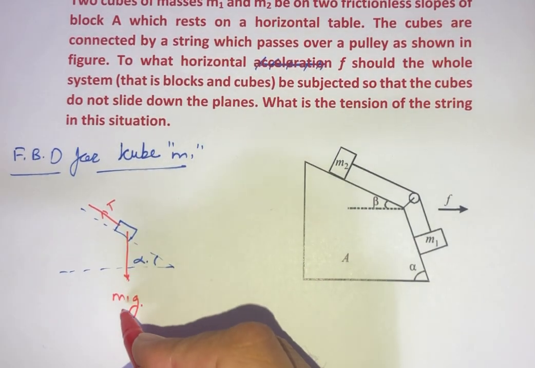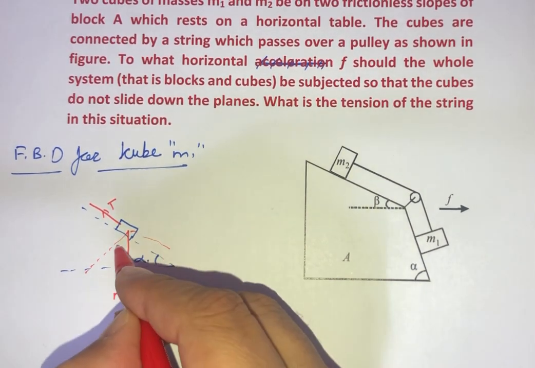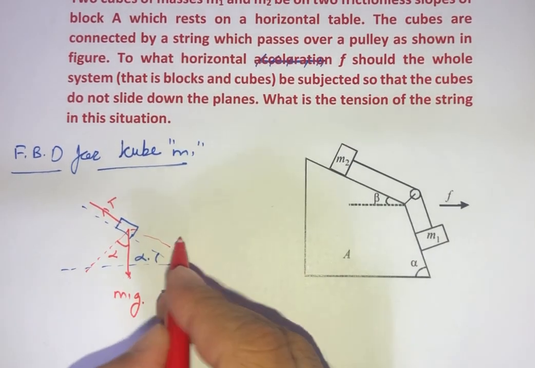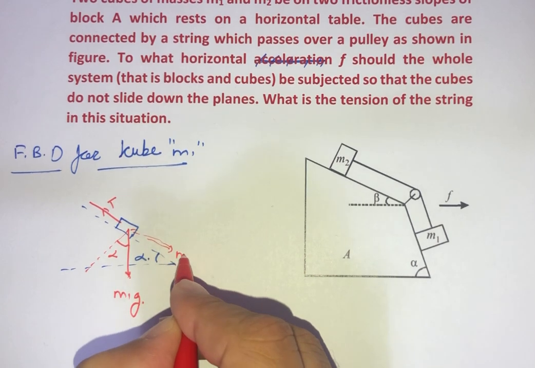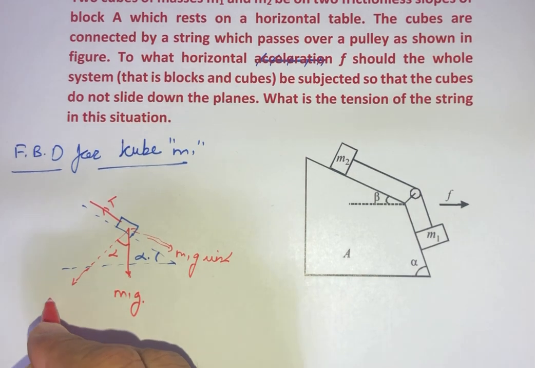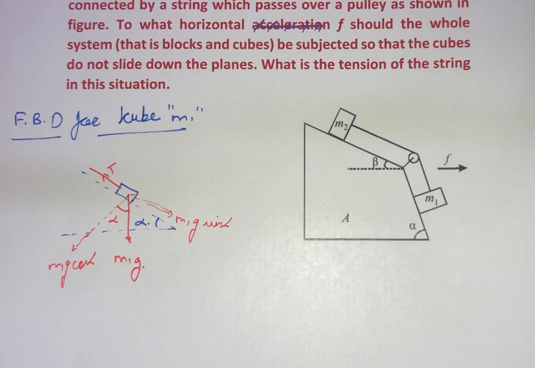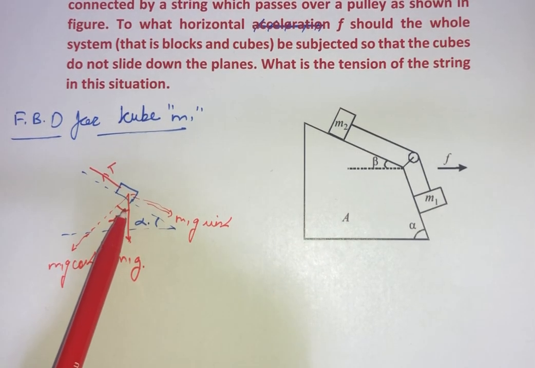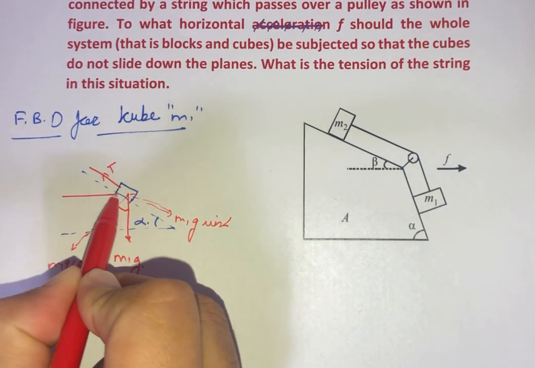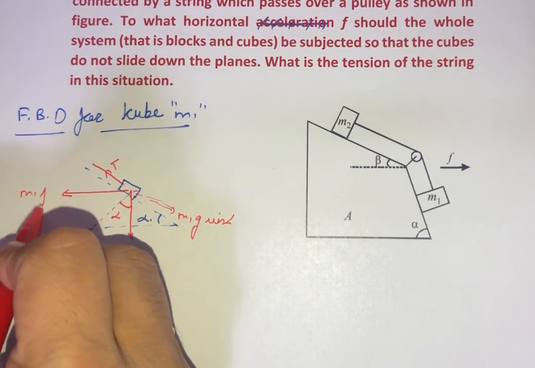Now this m1g can be divided into two components. This will be the angle alpha. So this will be m1g sin alpha, and this will be m1g cos alpha. There will also be a pseudo force acting in this direction, and its value will be equal to m1f.